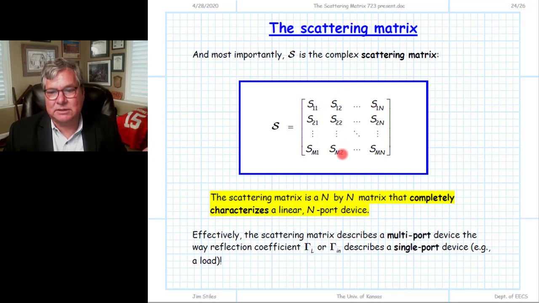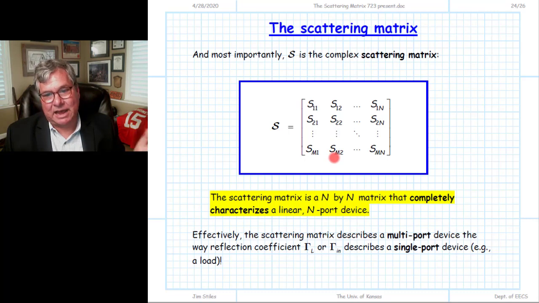Similarly, the second column is the result of our experiment, our evaluation, when we have an incident wave on port 2 and port 2 only. We put matched loads on every port except for port 2 and put something that provides an incident wave onto port 2. Something goes into port 2, incident on port 2, and then waves scatter out of our device, out of each port. From that experiment, either measured or from evaluation, we then determine the elements of the second column in our scattering matrix.